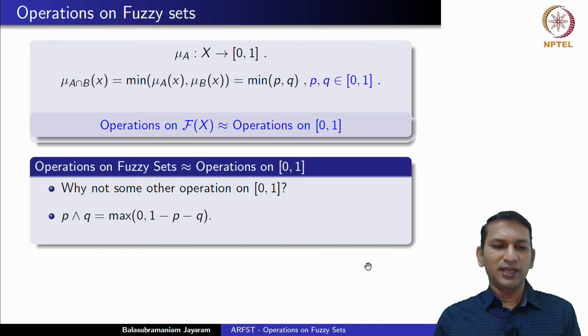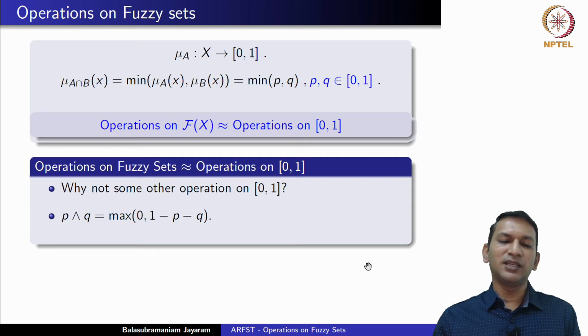Let's look at that. If P and Q were 0, that means those propositions P and Q are false. Then what we expect is that the truth value of P and Q, or correspondingly, when we look at the subset P and subset Q, P intersection Q, we know the element X under consideration does not belong to P, does not belong to Q, so it should not belong to P intersection Q, which means in the corresponding characteristic function of P intersection Q, it should get a value of 0.